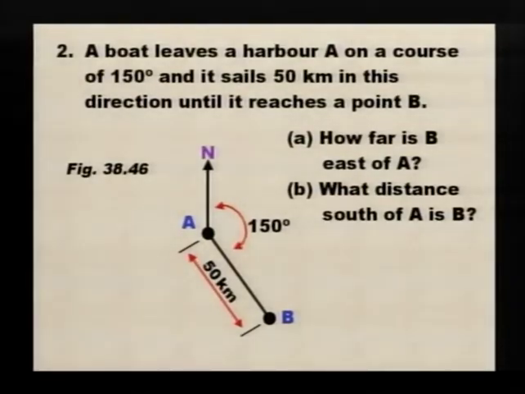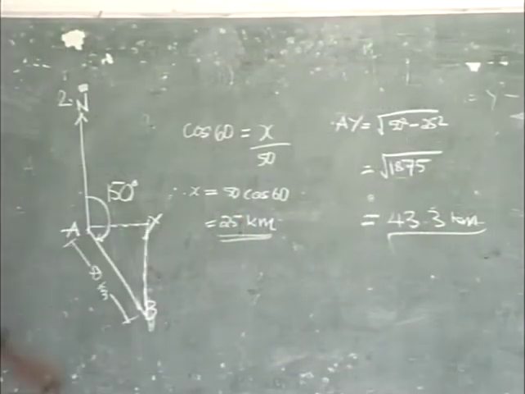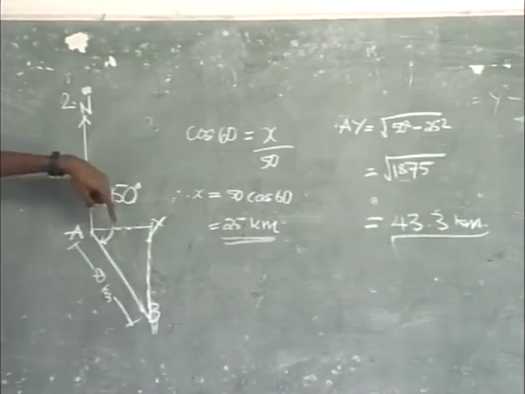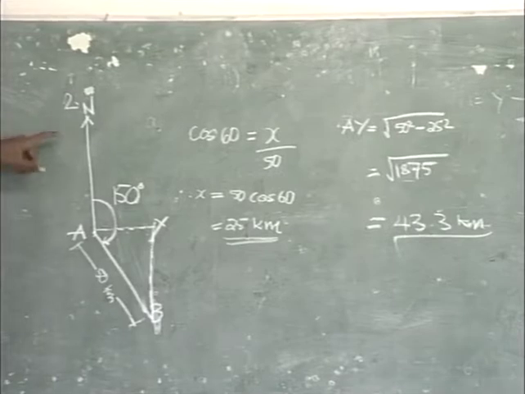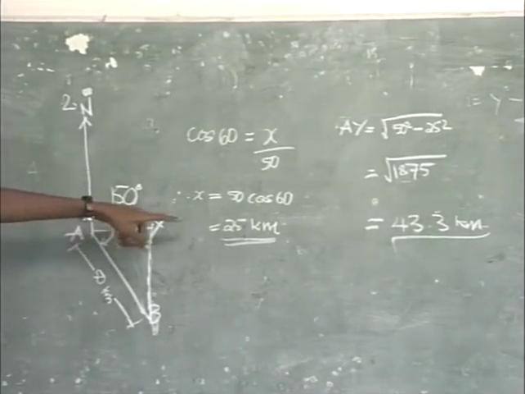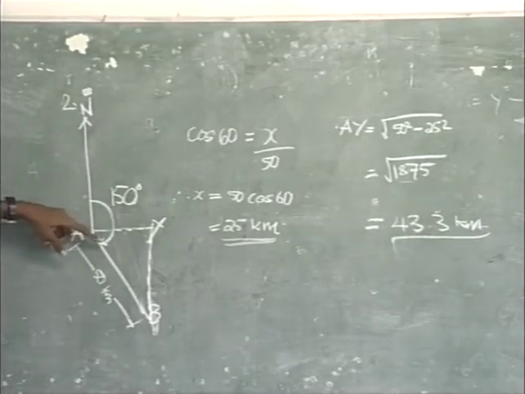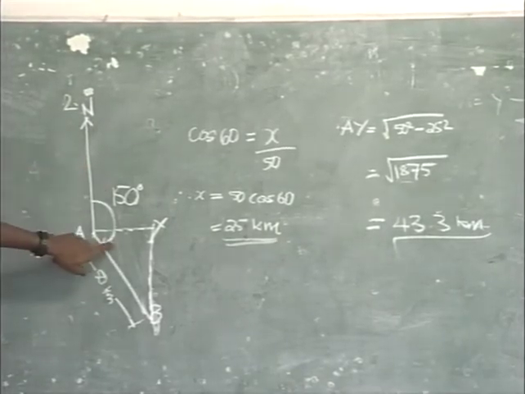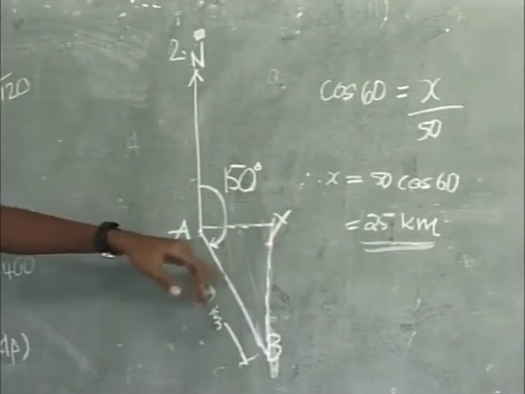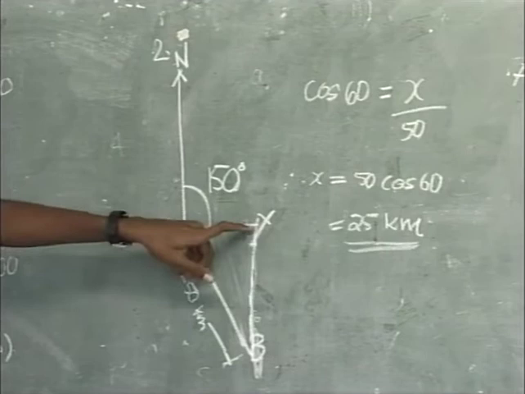That's AY, that's this distance. So course of 150, we got 60 by, if we get the bearing from here, east is 90 degrees, 90 minus 150 gives this angle to be 60. So 50 times cos of 60 gives 25 kilometers, that's this.